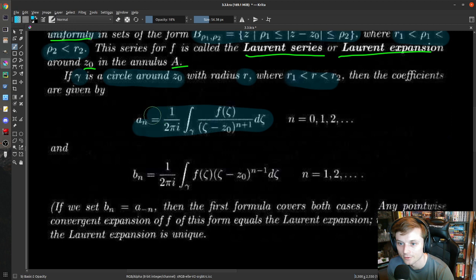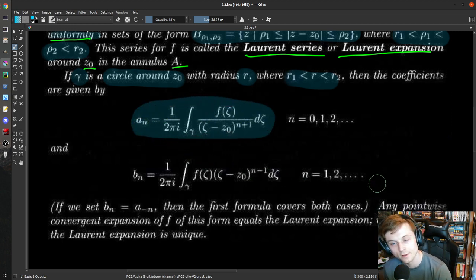It's similar to the derivative via Cauchy's integral formula. If we were looking at a Taylor series for a function that was analytic on the entire region or at z naught, then we could definitely say, hey, this is like the nth derivative of f at z naught.